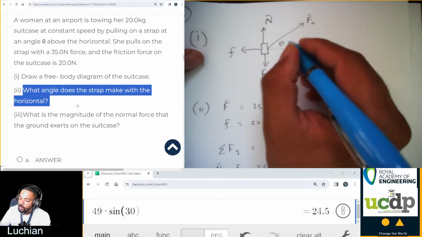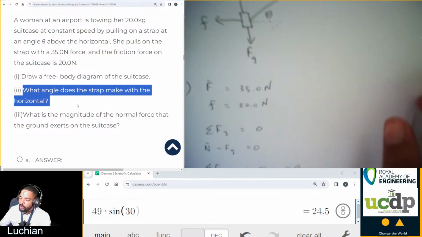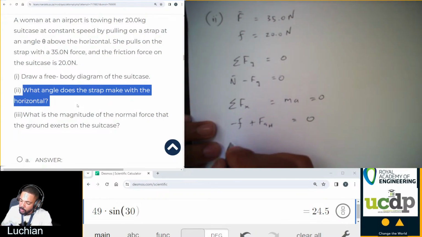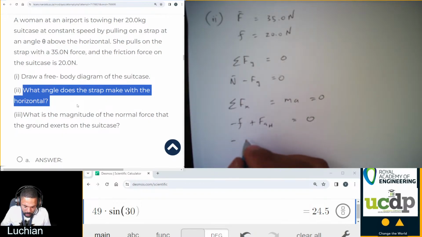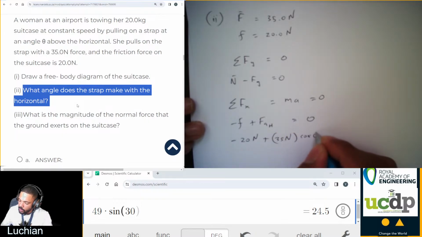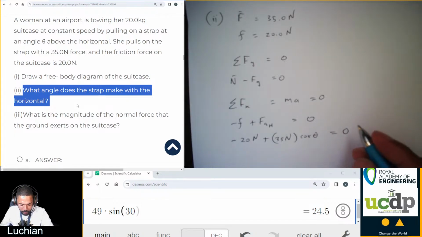So it is negative 20 for the friction, plus the force applied, 35 newtons times the cosine of theta, and it should equal 0.